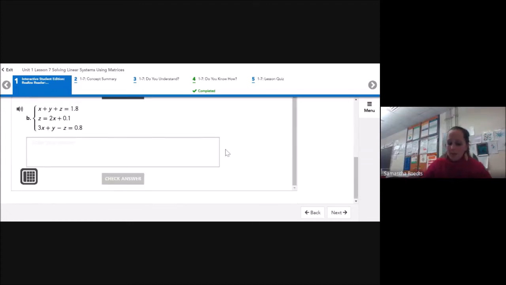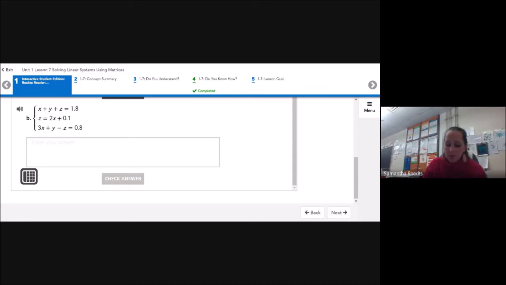For letter B, I have X plus Y plus Z equals 1.8, Z equals 2X plus 0.1, and 3x plus y minus z equals 0.8. So you have to be a little careful with this because we have the z equals 2x plus 0.1. So I actually need to move this equation around a little bit.